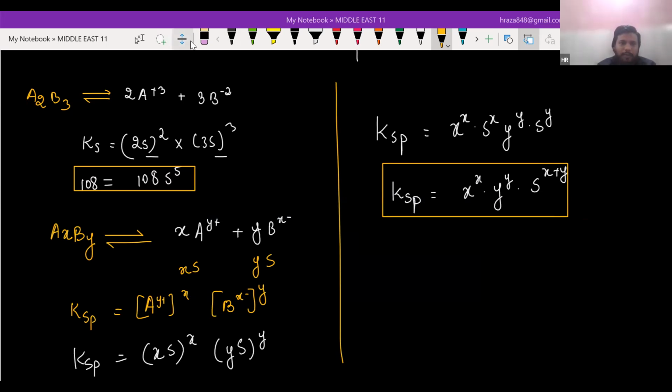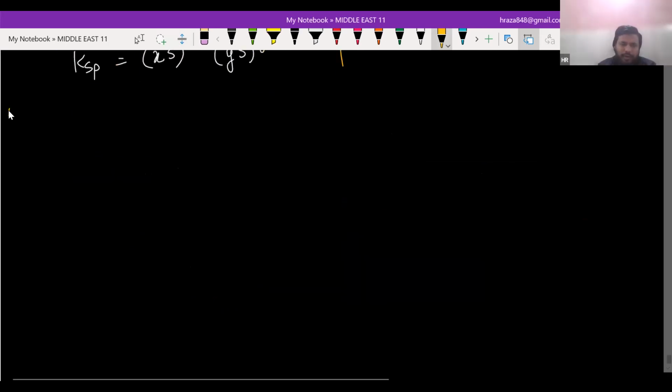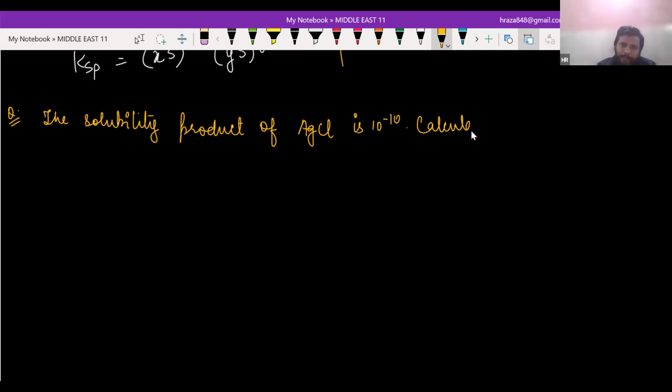Very good. Now we are going to apply this Ksp in different questions. Starting from a very easy question, the solubility product of AgCl is 10 raised to the power minus 10.